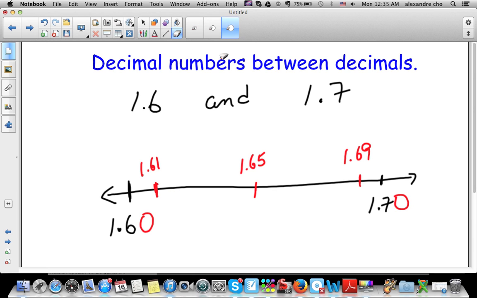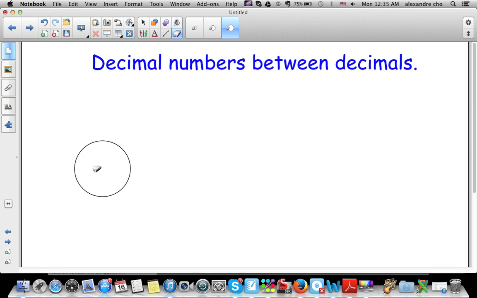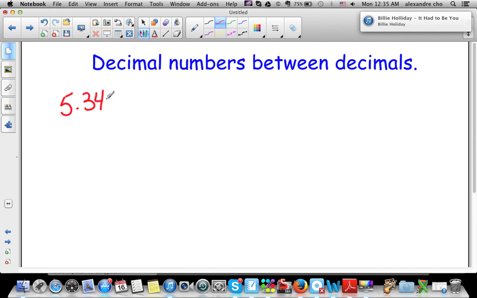Okay, so I want you to do this one. Copy the title here, decimal numbers between, and I want you to find two decimal numbers that are between 5.31 and 5.342.